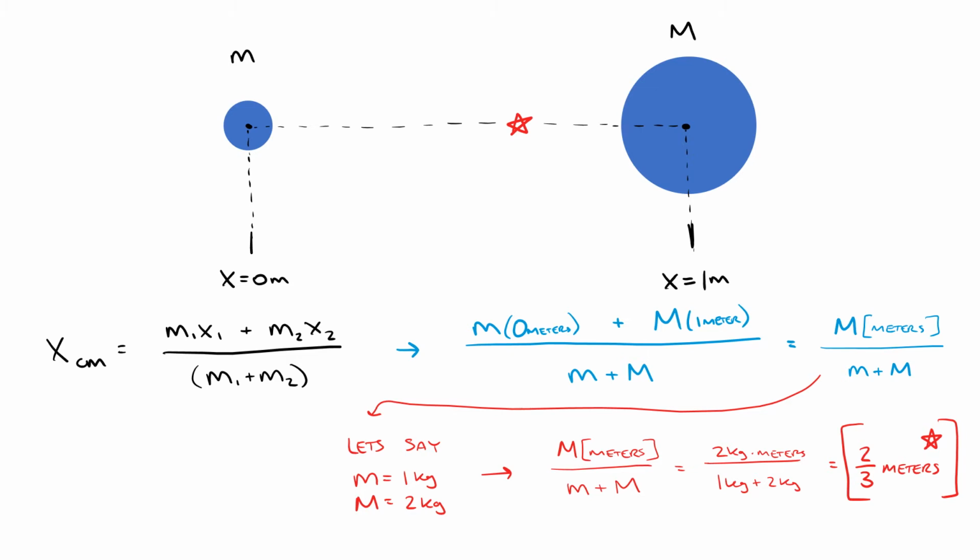Say I have 2 objects with 2 different masses. How do I find the center of mass between these 2? Imagine they're just really abstract, perfectly spherical masses floating out in space.